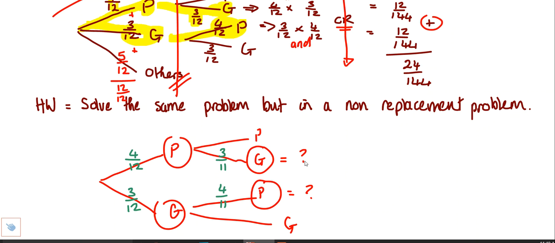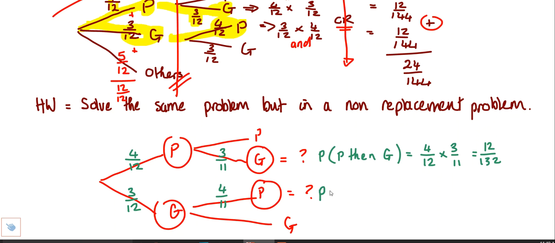So what would be the probability of getting a pink, then a green? It would be 4 over 12 multiplied by 3 out of 11. So I've got 12 out of 132.